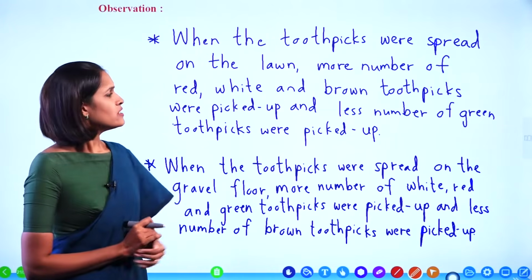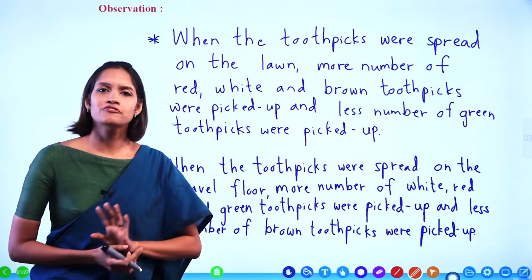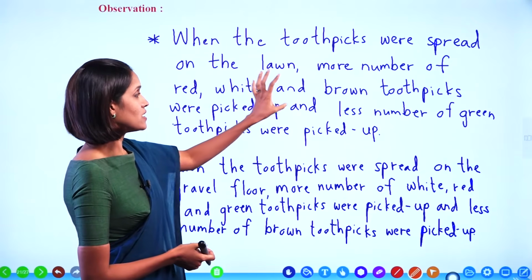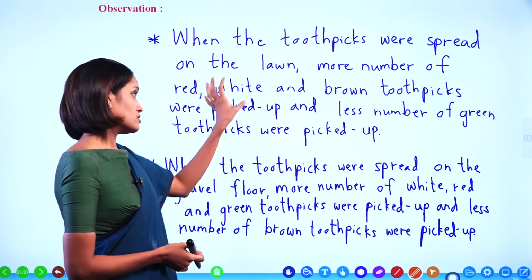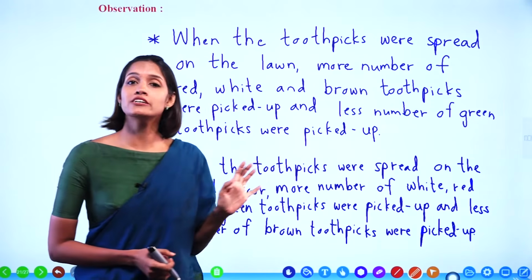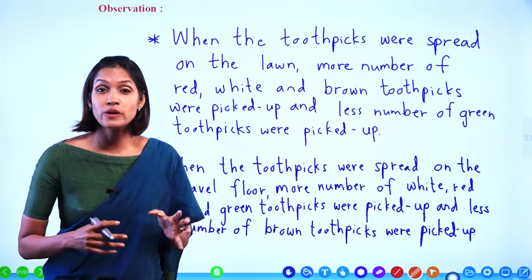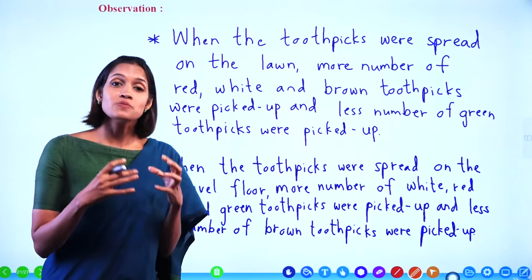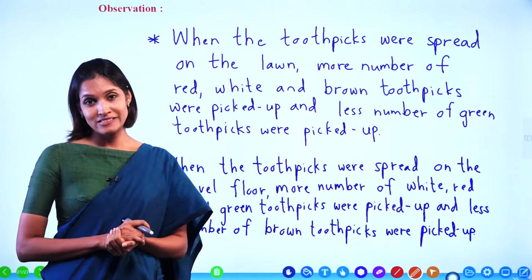Understand, children? So what is the conclusion after doing this activity? In the first instance, we can't see the green color toothpicks at once. In the second instance, we can't see the brown color toothpicks at once. That is because each time, these toothpick colors mix with the environmental color.